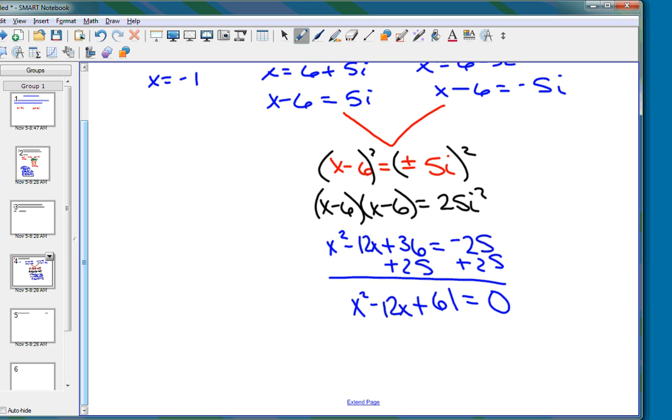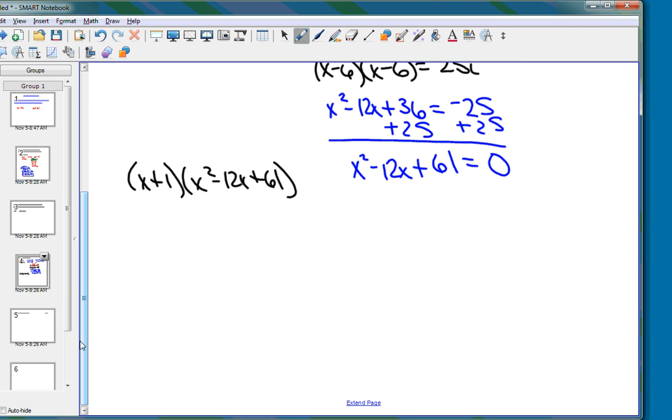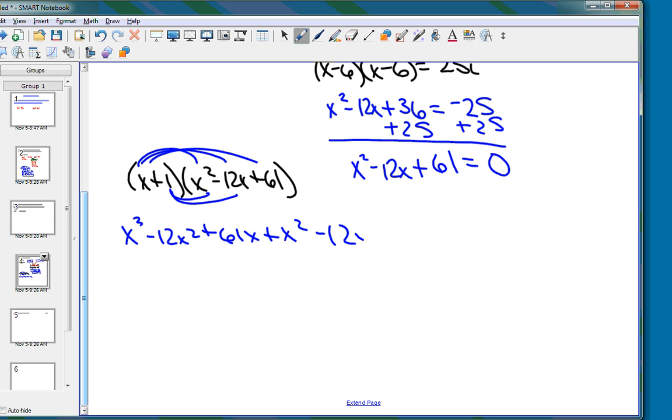Okay, however, I'm not done, because up here I still have x is equal to negative 1, so I bring that over, so that's x plus 1 is equal to 0. Now do I have two of them equal to 0? So what can I do? Attach them by multiplication, and do what? Distribute or FOIL in this case. x cubed minus 12x squared plus 61x plus x squared minus 12x plus 61.